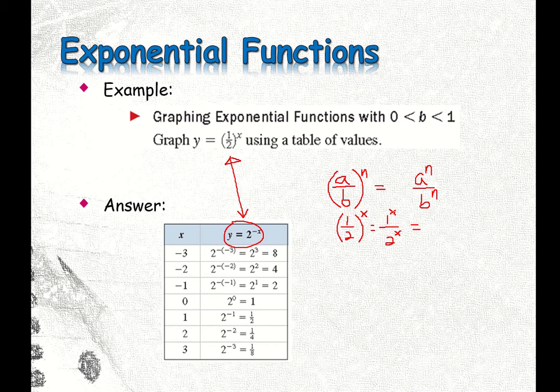So we have 1 over 2 to the x, and this is equivalent to 2 to the power minus x. Alright, so that's why we have it here.